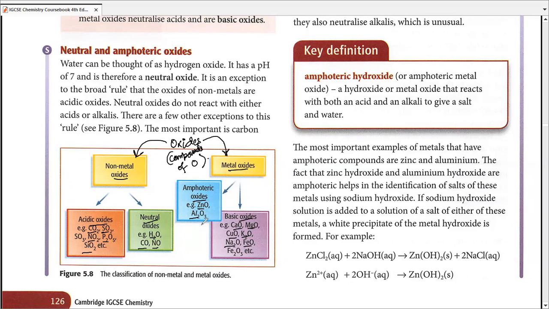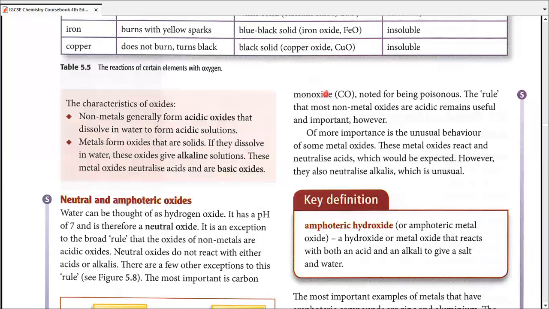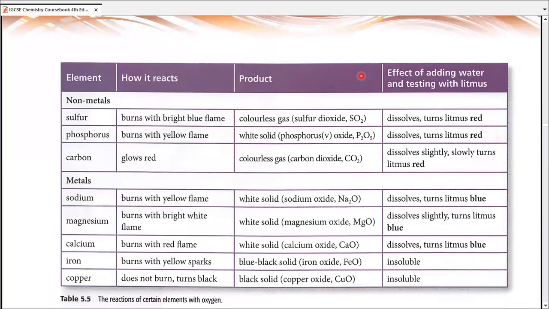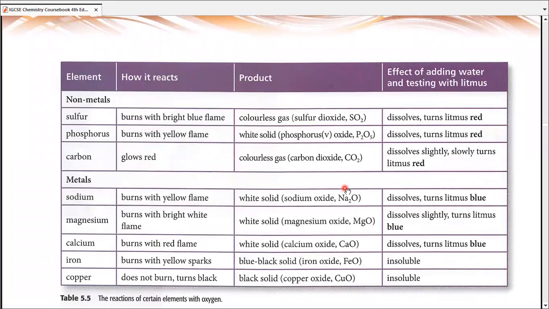Now, what do we have to do with classifying the oxides in the chapter of acids and alkalis? Let's discuss that with the help of the table on the top of page number 146. When we talk about this table, we are going to talk about the chemistry as well as our visual observations.